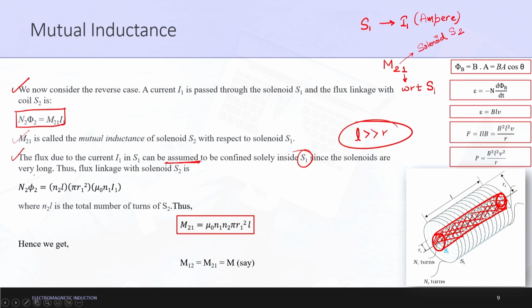Since the solenoids are very long, the flux linkage with solenoid S2, what is flux linkage? Just iterating again, flux linkage is nothing but N into phi, and because we are talking about solenoid S2, it is N2 phi 2.